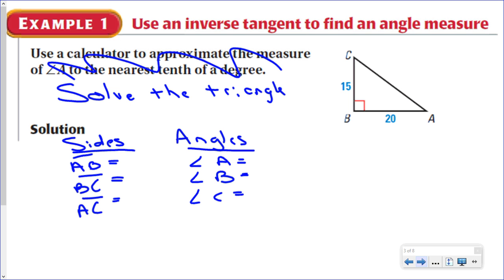Currently on this diagram, we do know some of the information. We know side CB is 15. We know side AB is 20. We know angle B is 90.